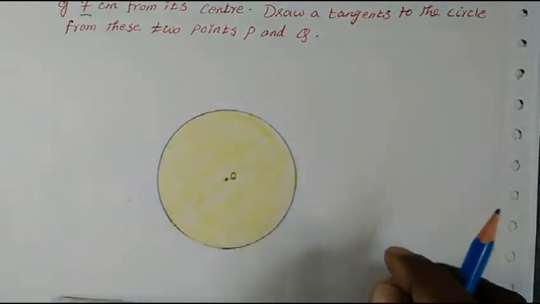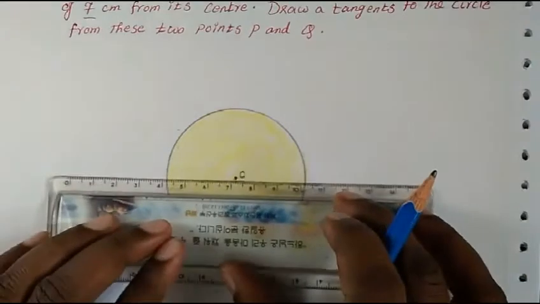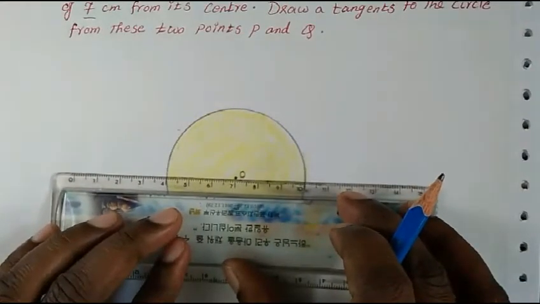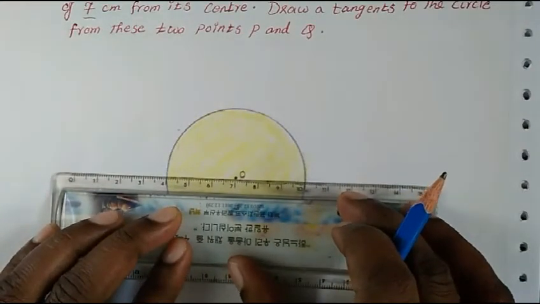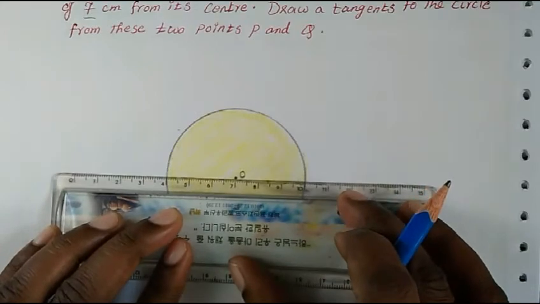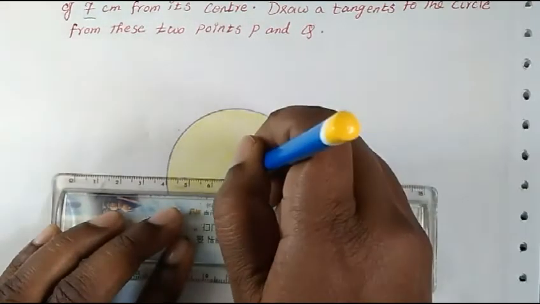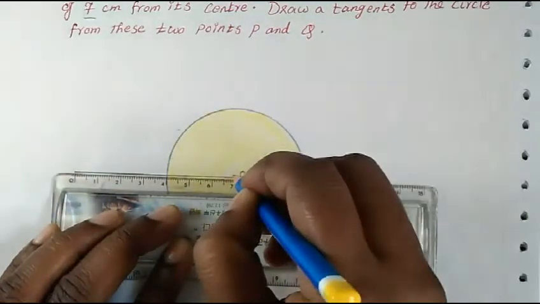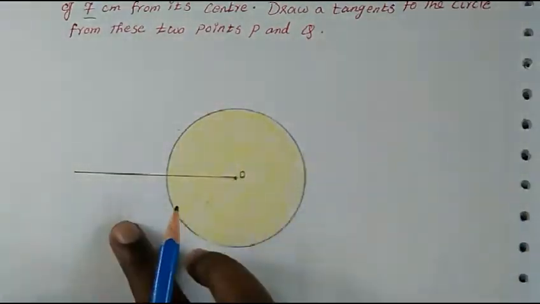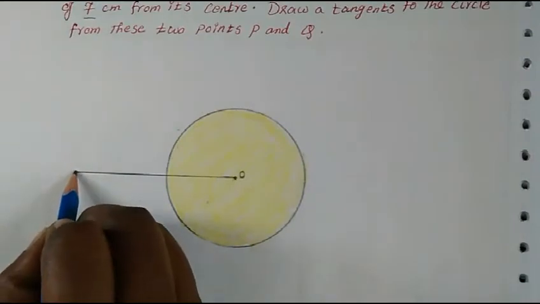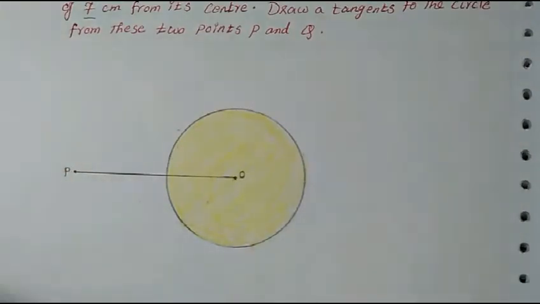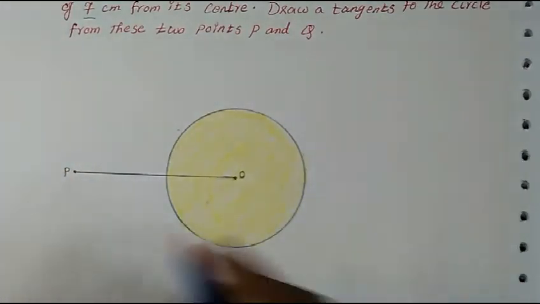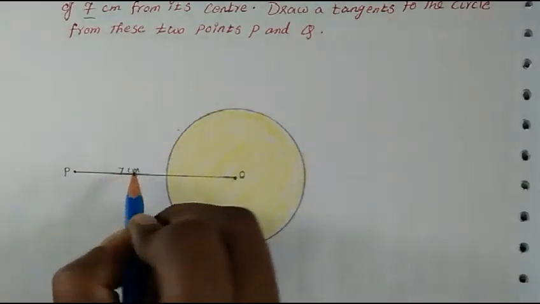Take the scale, keep from the origin 7. Okay, 7 centimeter. We have extended and keep this as point P. So same way we have to do here also. So this is of 7 centimeter.